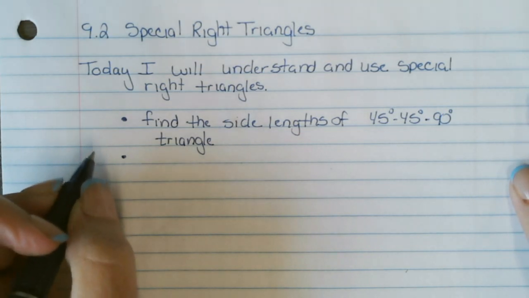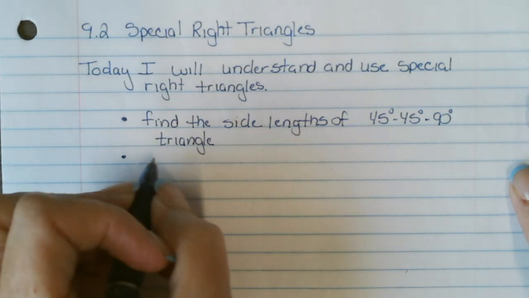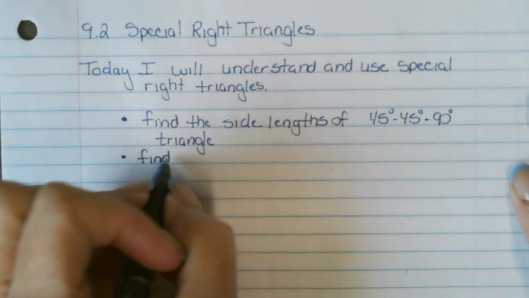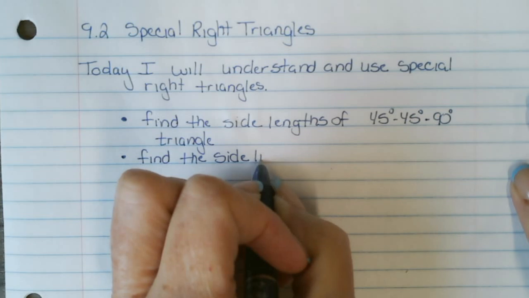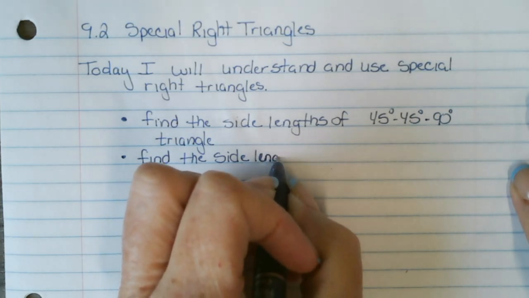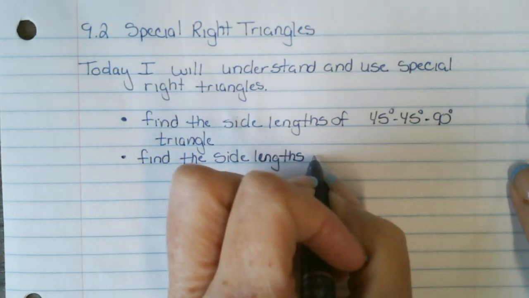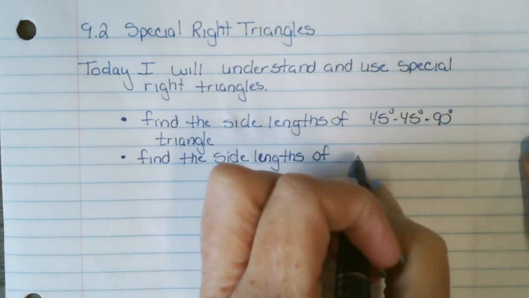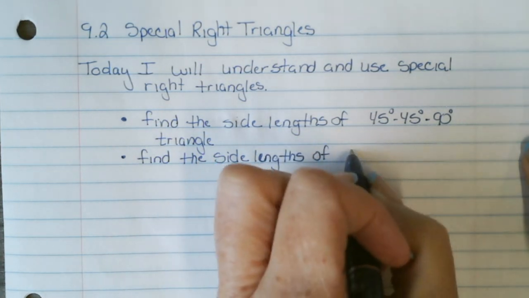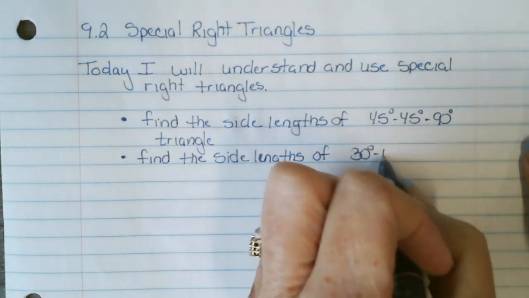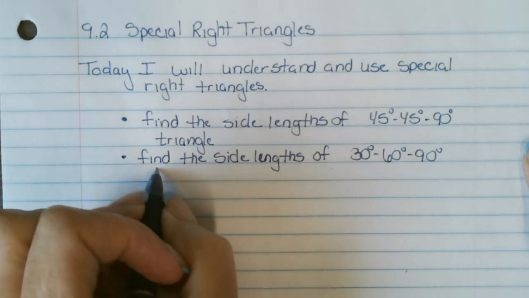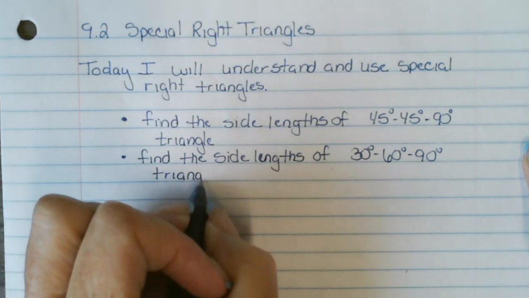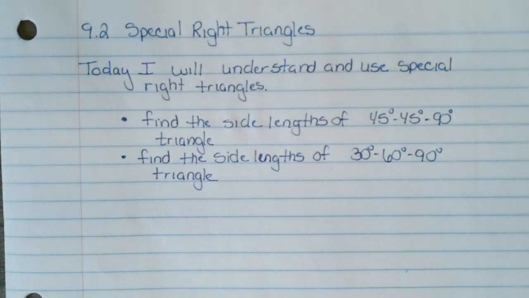And then we're also going to find the side lengths of a 30, 60, 90 degree triangle. So those are going to be our two main things that we're doing today.